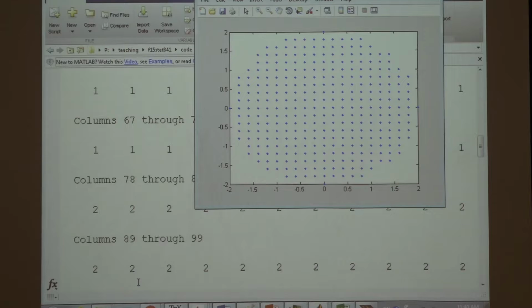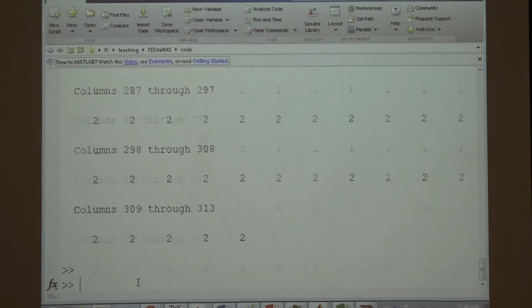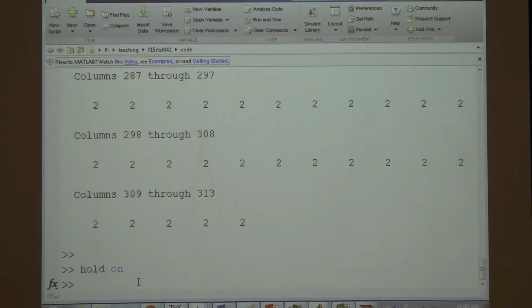So I will just plot the first 77 points in different color to see the classes in different colors. So hold on and plot point 1 to 77 in red.